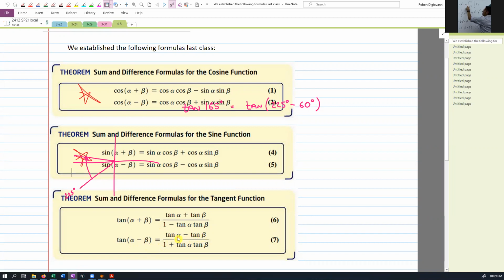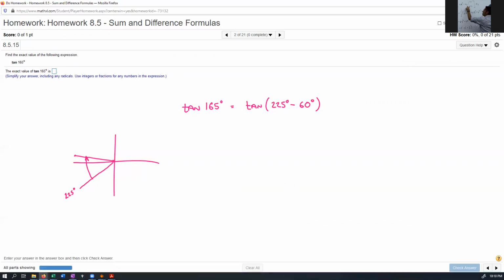So for us, it'll be tangent of 225 minus tangent of 60, over 1 plus tangent of 225 times tangent of 60.